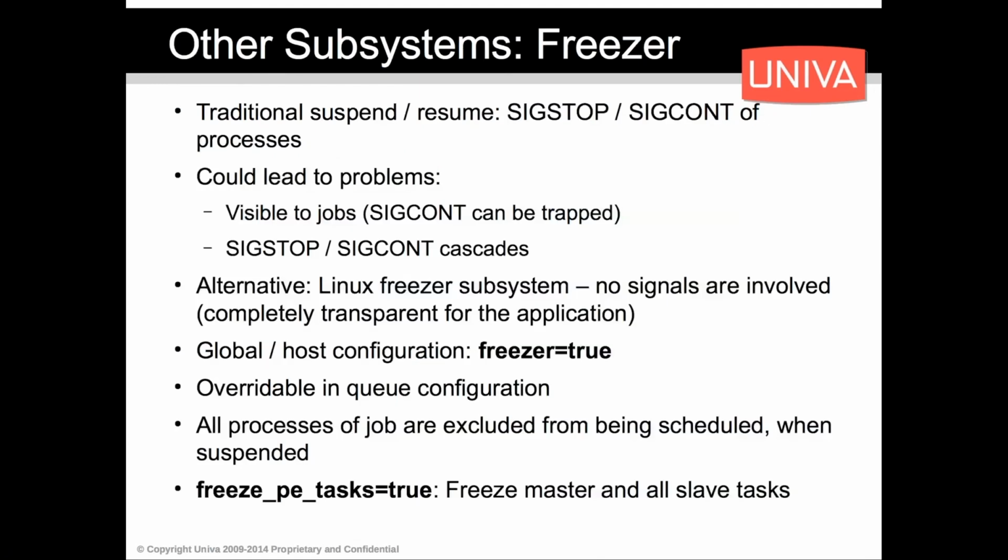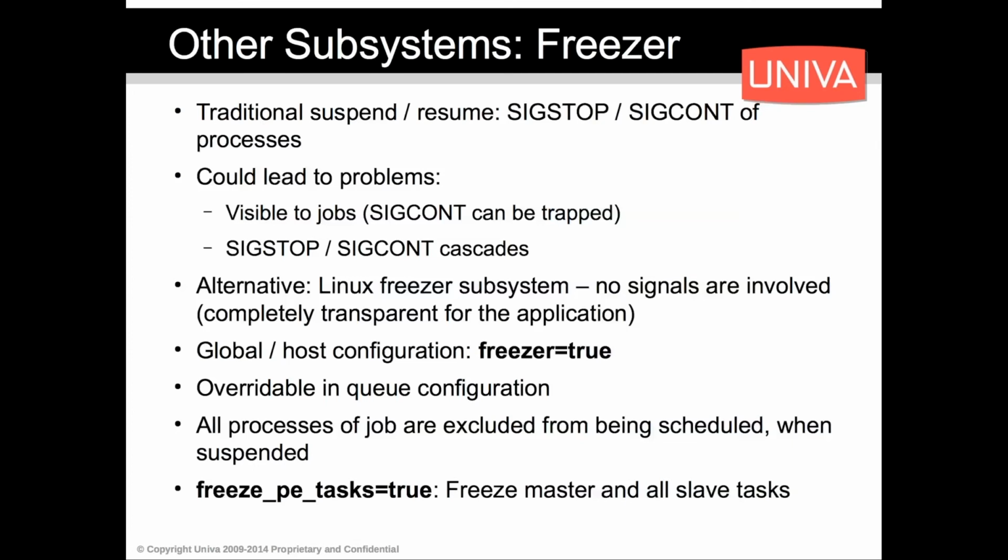Another subsystem which is used in cgroups is the freezer subsystem. It is used for job suspension and job resume. A traditional suspend and resume of a job works by sending SIGSTOP and SIGCONT signals to the process group. This can lead to several problems.